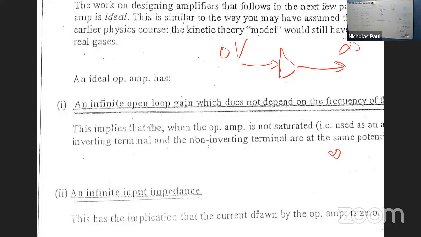What's infinity over 0? Undefined. So basically, in an ideal world, I am giving you nothing, and I want everything. So that's basically what the ideal assumptions are.